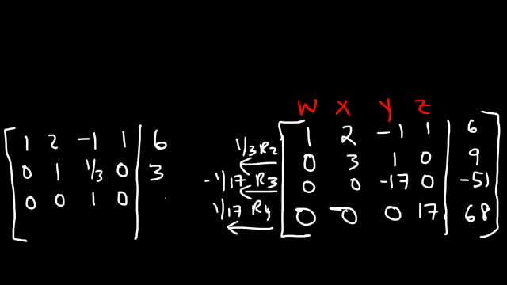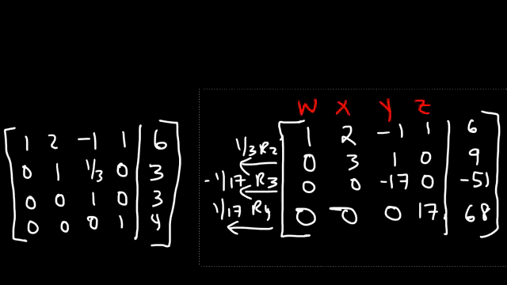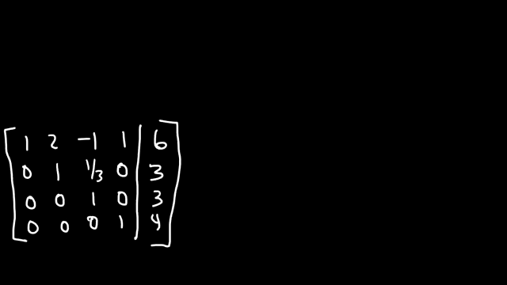Negative 51 divided by negative 17 is 3. And then 0, 0, 0, 1. 68 divided by 17 is 4. So this is going to be x, y. Actually, no, that's not x. That's w. So w, x, y, and z.